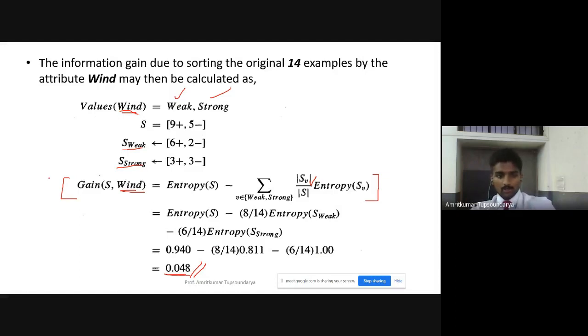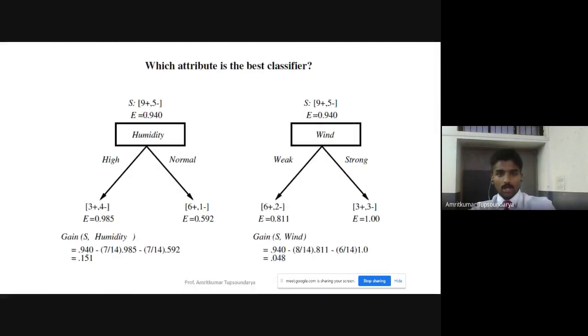So similarly, when we compute the entropy and substitute it for the other attributes, for example, Humidity, right? We already computed for Wind, the entropy that we got was 0.940, which was substituted into the gain formula, and we ended up with the information gain value 0.048. Now, in similar fashion, let's compute it for Humidity. Our entropy remains the same, 0.940.